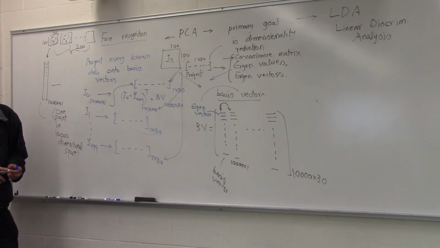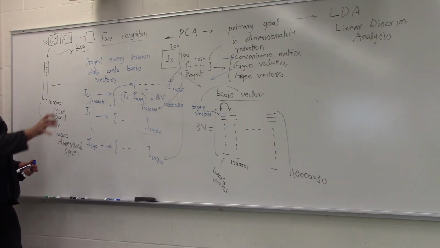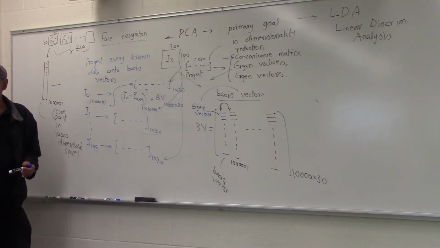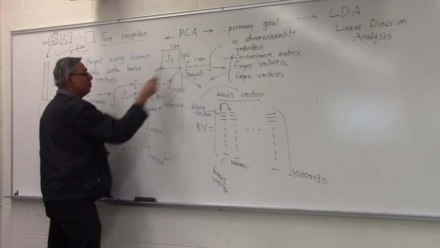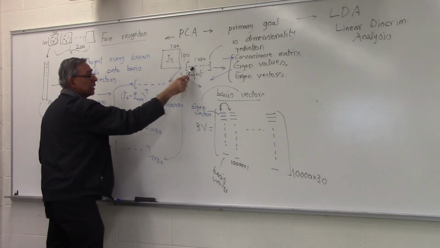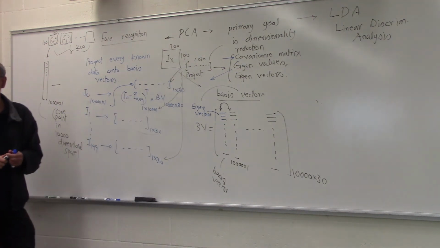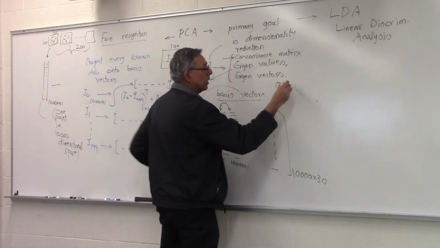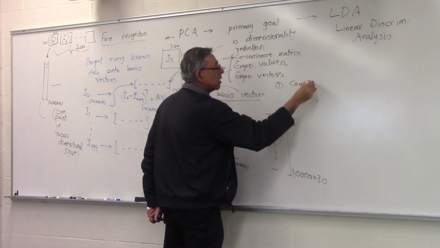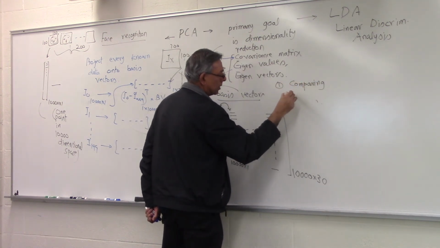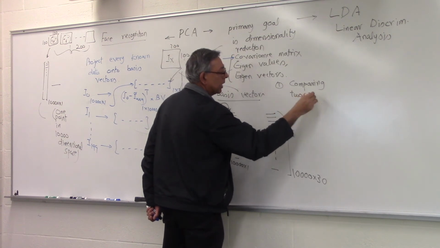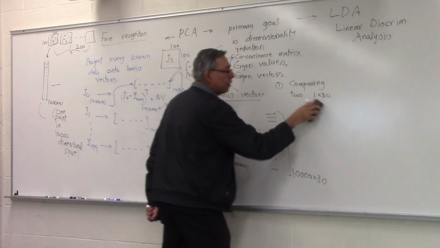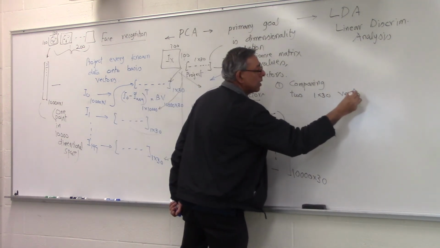Okay, how do we compare a set of 30 numbers with another set of 30 numbers? Calculating the error, maybe. Okay, one is Euclidean distance, meaning this value minus this value squared, plus the second value minus the second value squared, and so on.